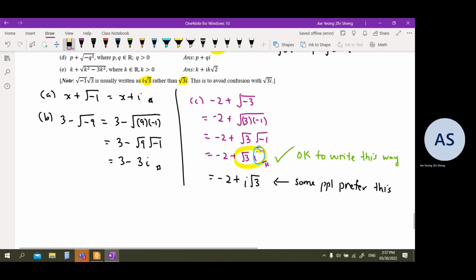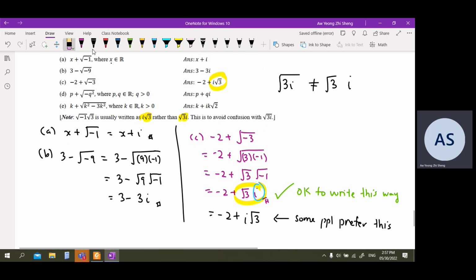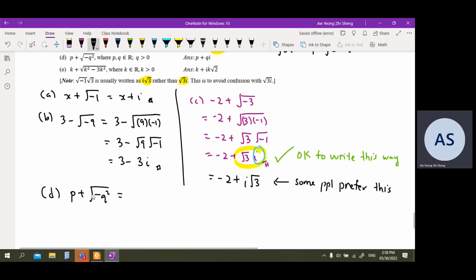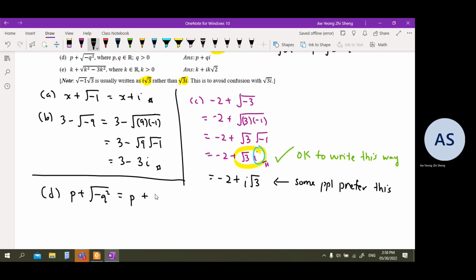Okay. Right. Then next, for part D: p plus square root of minus q squared, where p and q are both real numbers and q is positive. Nothing to do with the p there, so we just copy back the p.